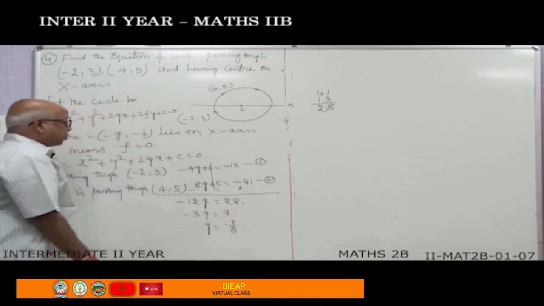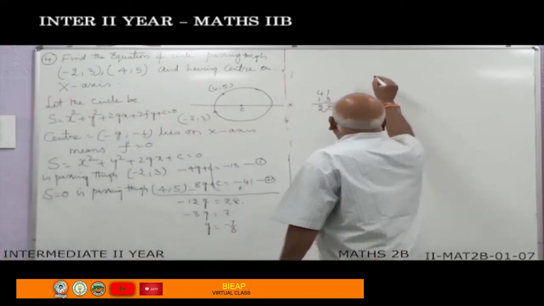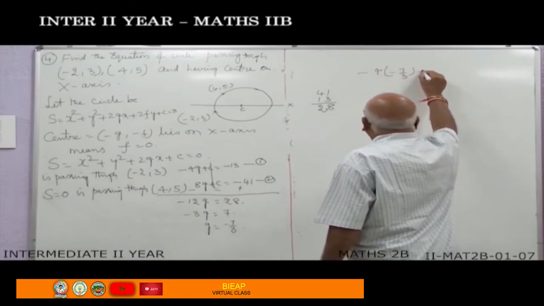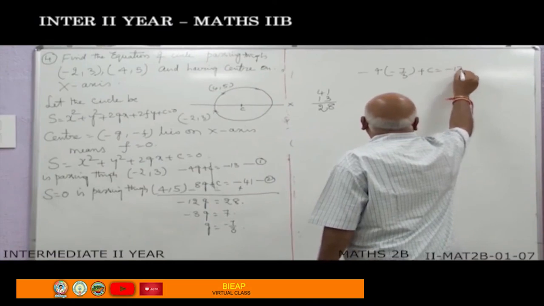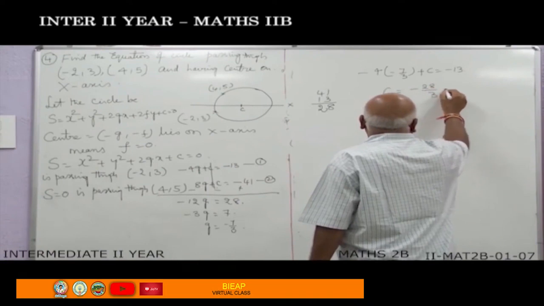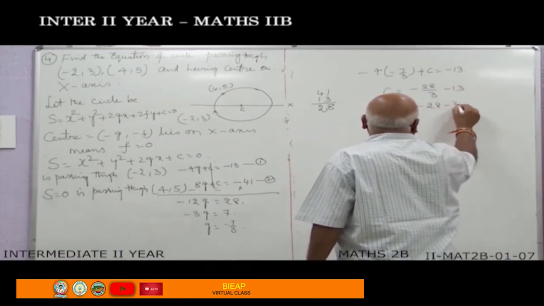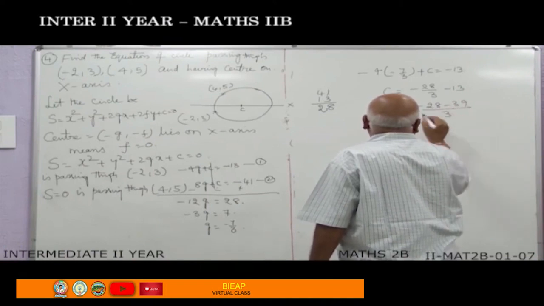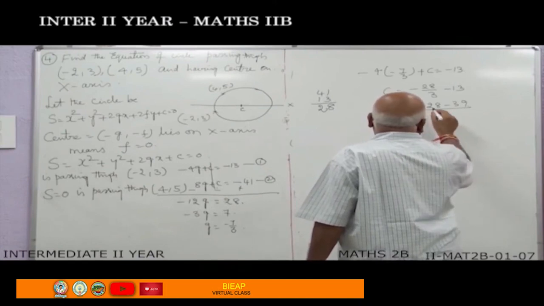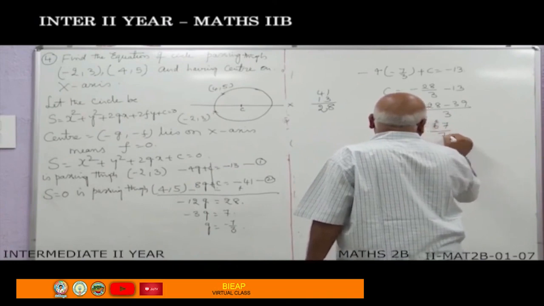Substitute G value in any one of these two equations. Minus 4 into minus 7 by 3 plus C equal to minus 13. C equal to minus 28 by 3 minus 13. C equal to minus 28 minus 39 by 3. C equal to minus 67 by 3. Let us verify this once again.